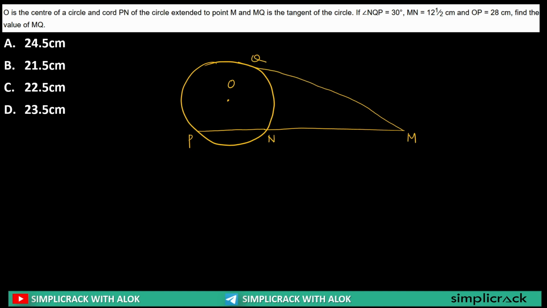Okay, clear. Now for an example, here NQP is given as 30 degrees. Okay, MN is equal to 12.5 centimeter, not an issue.